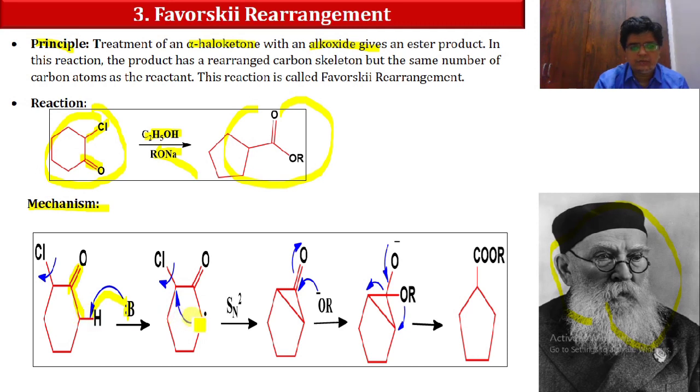Now this negative charge will attack toward the C-X bond. Here we are having a chlorine atom. As we know, chlorine is more electronegative than carbon, so it will pull electrons from the carbon. So this is having a negative charge, this is having a positive charge. Now this negative charge will attack towards the positive charge.